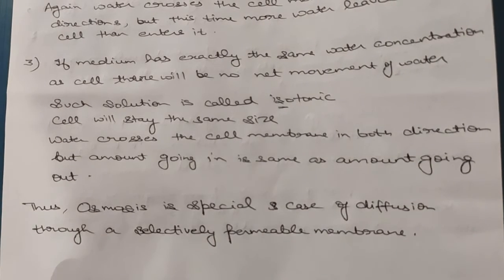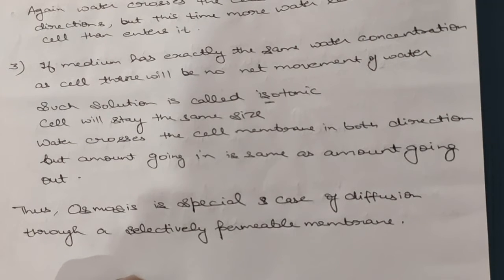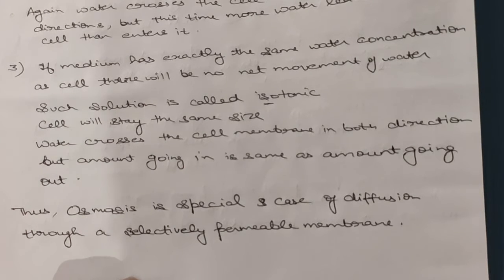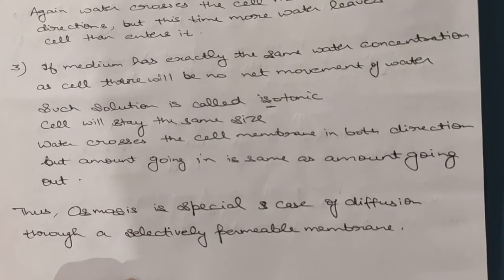Okay, students. The three conditions that we have discussed, you can also observe at home. How? By taking dried raisins, put them in simple water and leave them, and in another vessel, take a concentrated solution of sugar, meaning dissolve sugar into water, and then place some raisins into it.